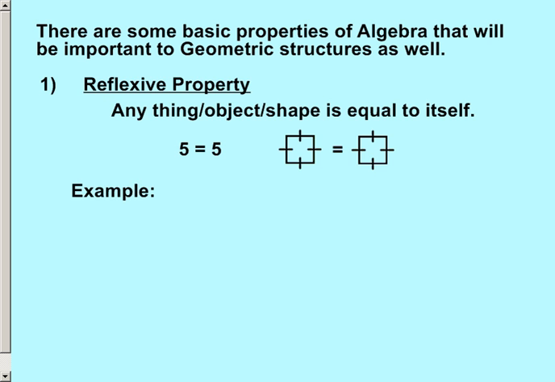Now, that may seem like a really simple thing to say, but consider this possibility here. We're going to be working with a lot of different shapes, doing a lot of different things with them throughout the course of geometry, and maybe we're looking at a shape like this. It appears to be a pentagon, a 5-sided polygon, that has a line segment coming down through the middle of it. But another way to consider this possibility is that it's not a pentagon with a line through the middle.